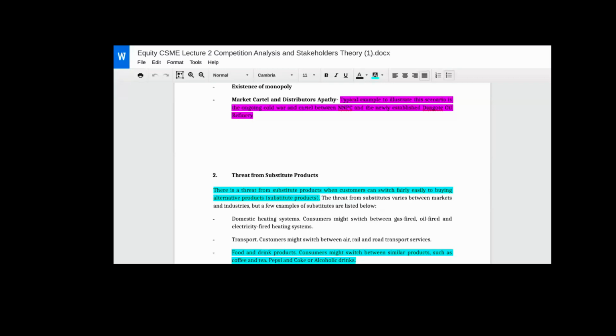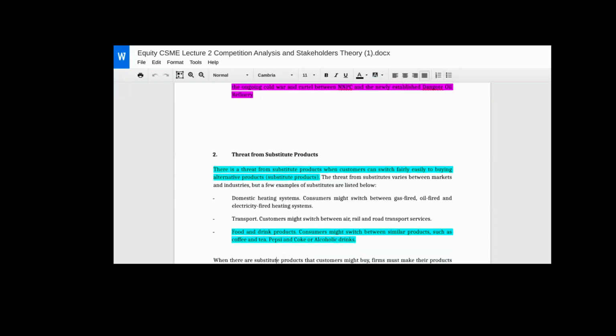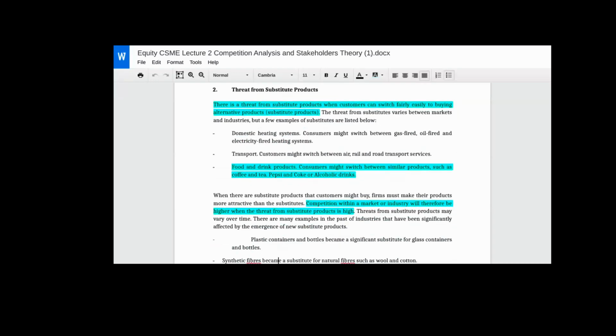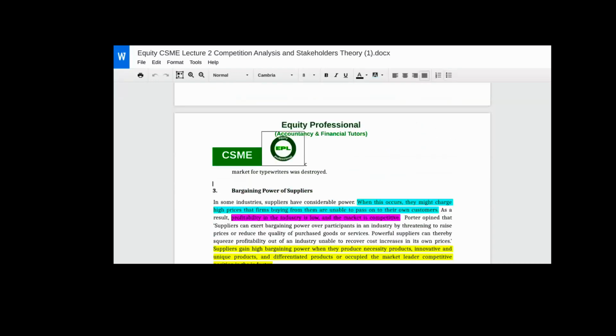Substitute products bring about loss of customers, loss of sales, reduction in market share, reduction in brand popularity, and many more. Those are the effects of substitute products. And I've told you the emergence of Biggie Cola, American Cola, RC Cola in the industry, they are substitute products to Pepsi and Coke.